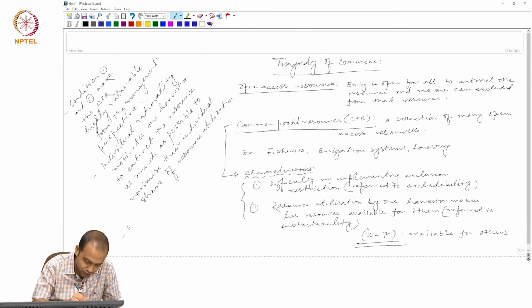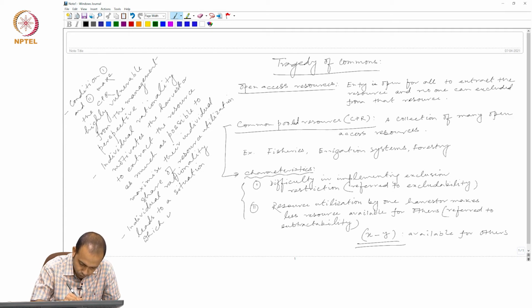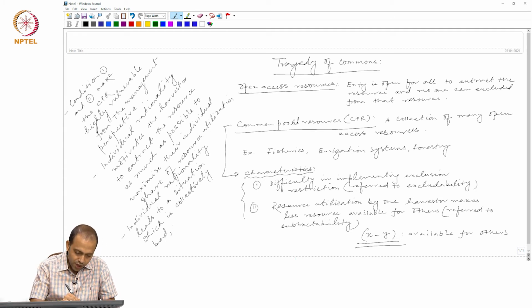So, individual rationality leads to a situation which is collectively bad, known as tragedy of commons.